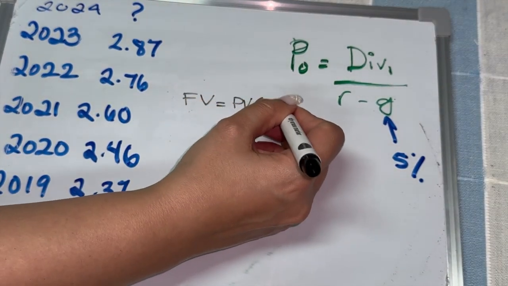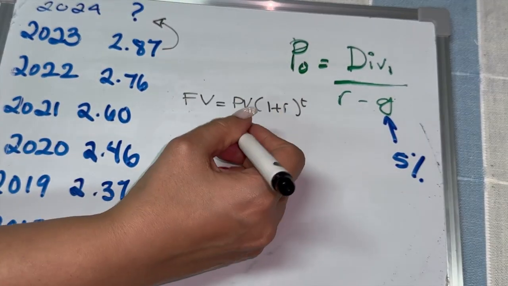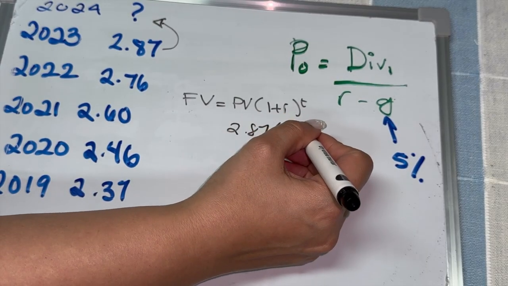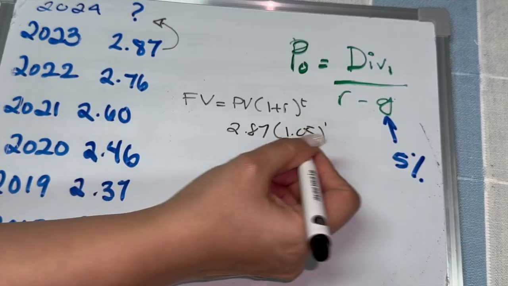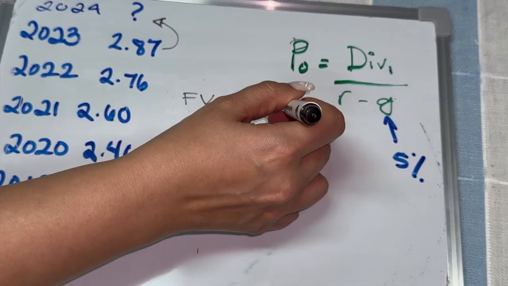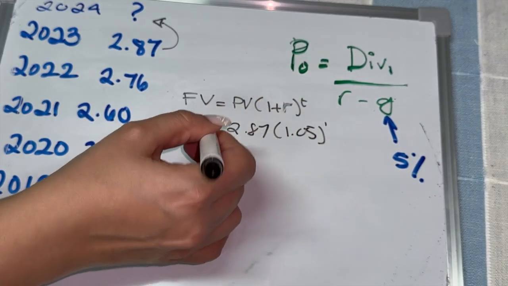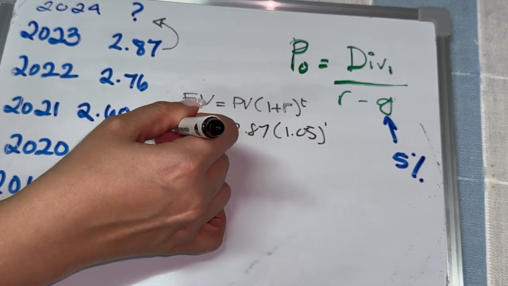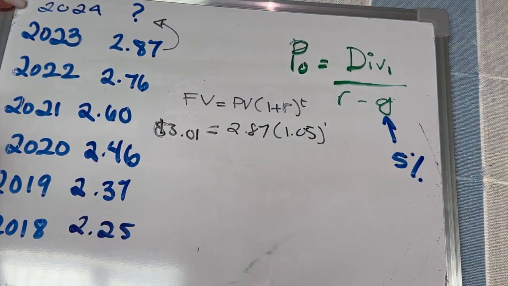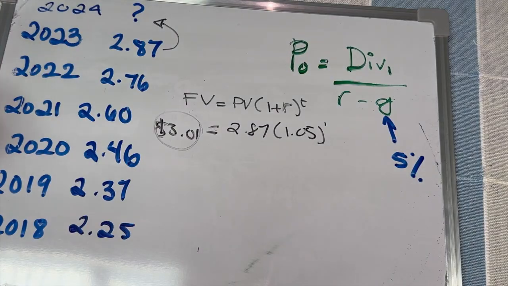This time, I'm going 1 period, so 2.87 multiplied by 1.05, the 1, this is the 1, 5% is 0.05, okay? It will equal 3.01.